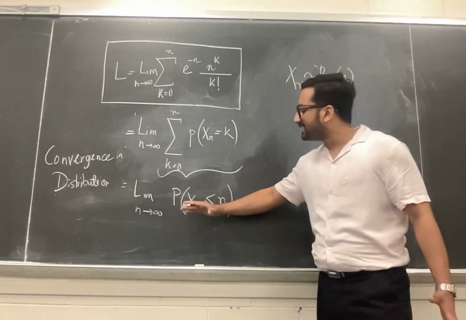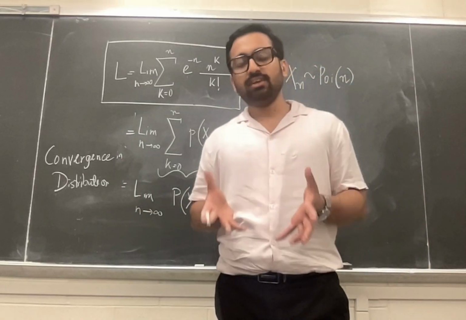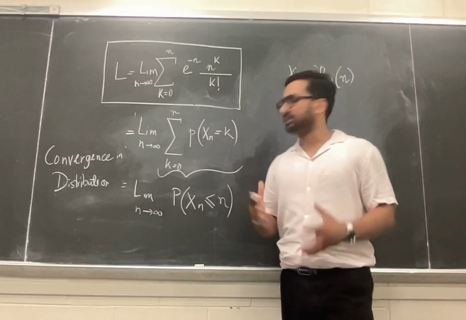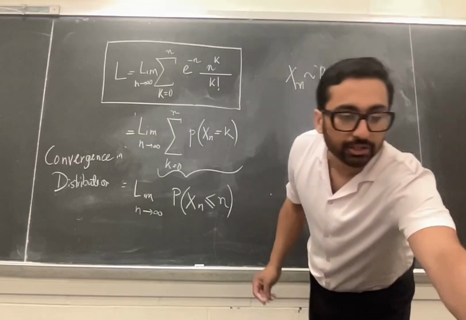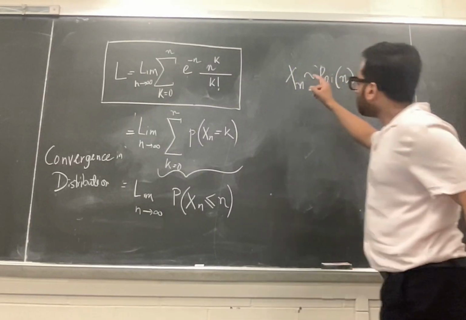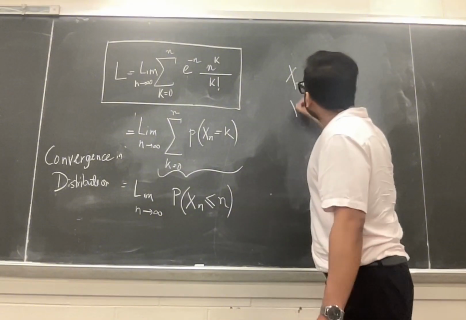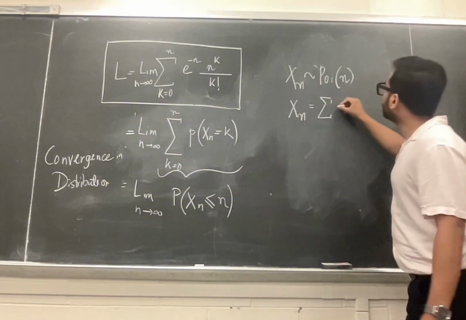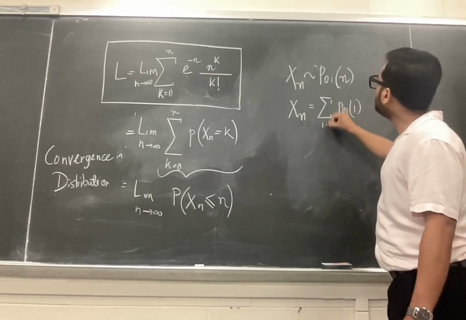So, for the central limit theorem we need a mean, right? We will find out whether you can express this distribution in terms of some mean. And the beautiful result is that the Poisson distribution is additive. So Xn can be thought of as a summation of n independent Poisson 1s.